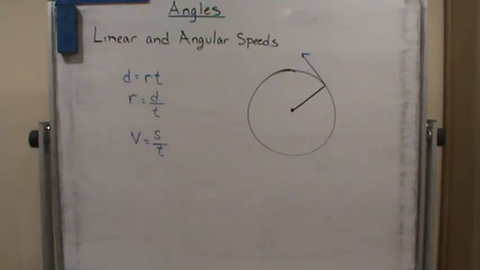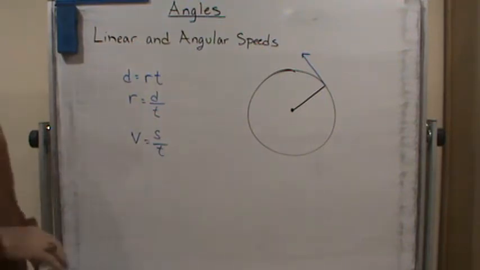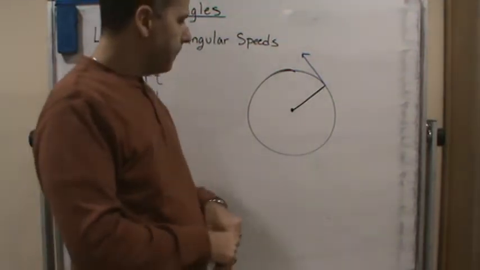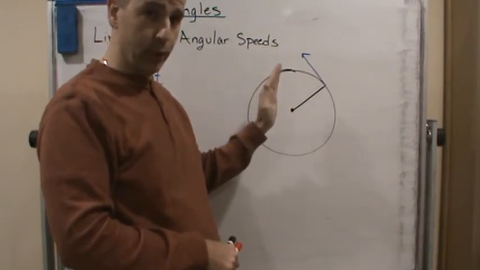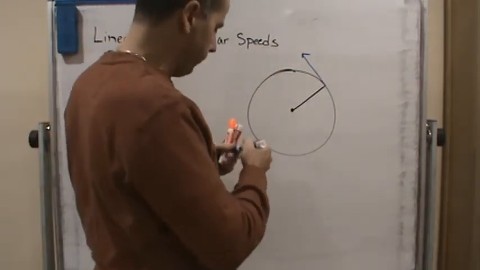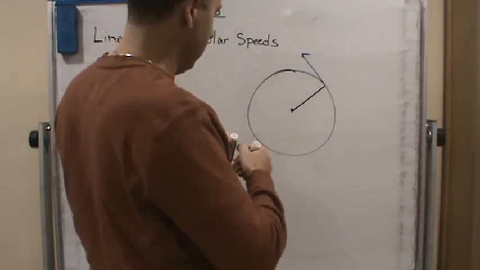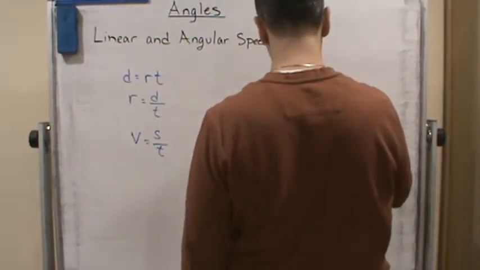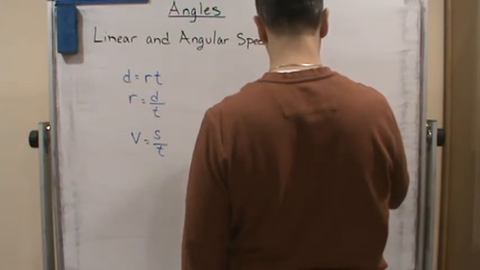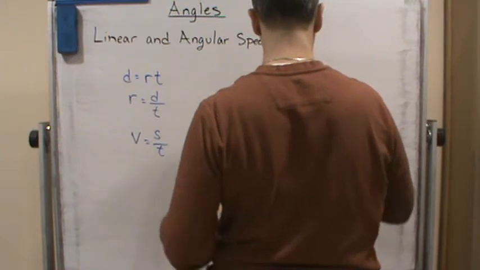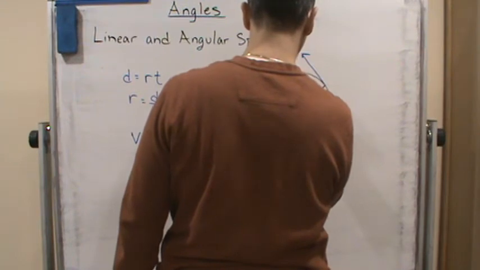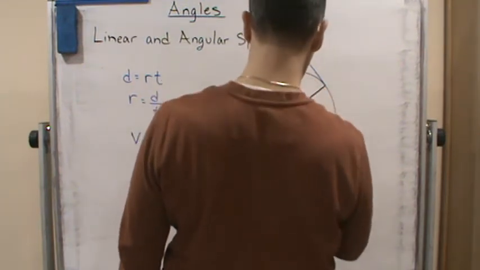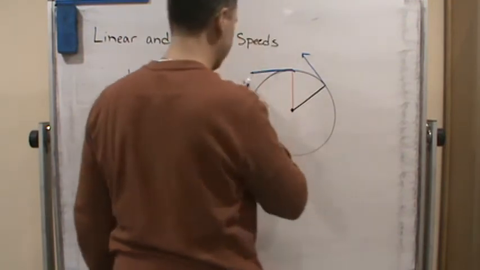Now, angular speed, think about the term angular. It's how fast the angle is changing over unit time. So if I go from here to here, let me draw it this way.